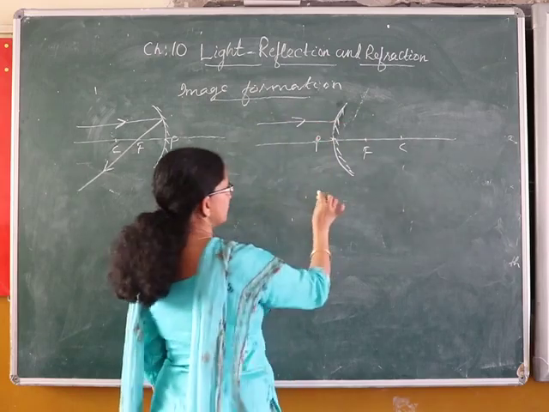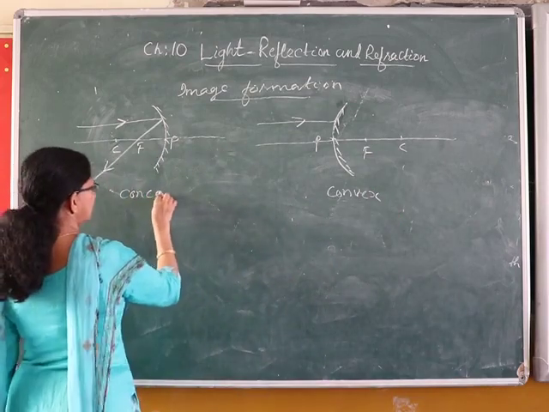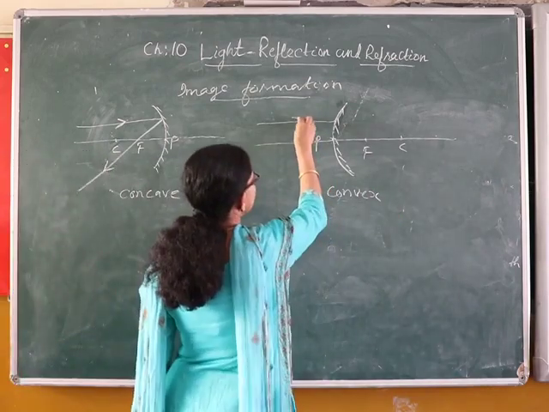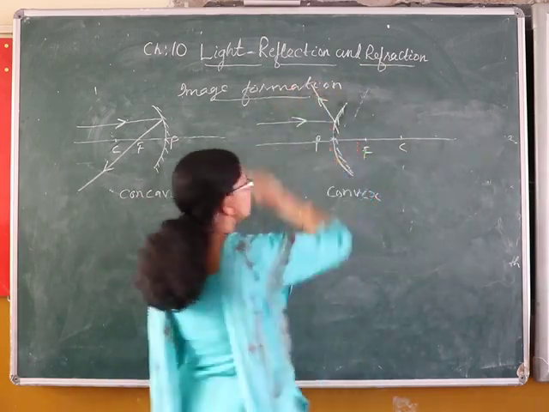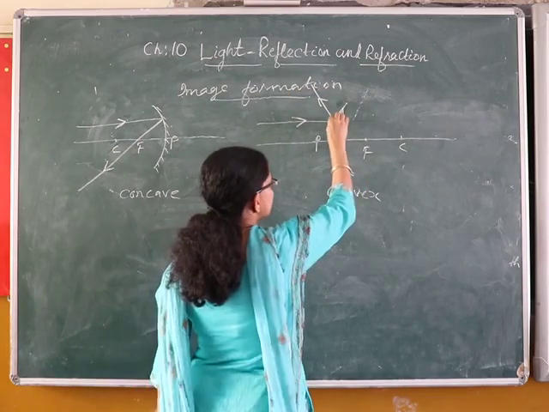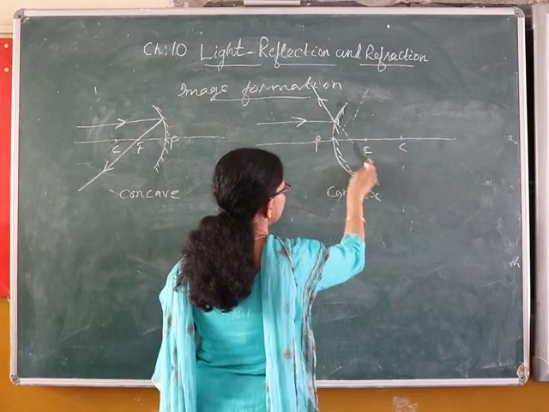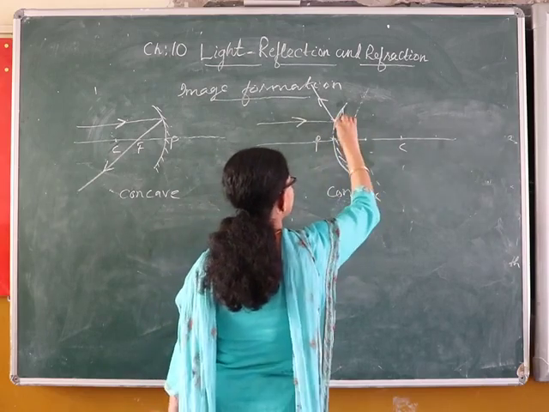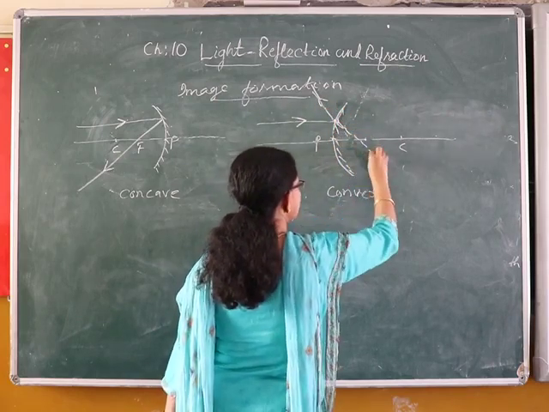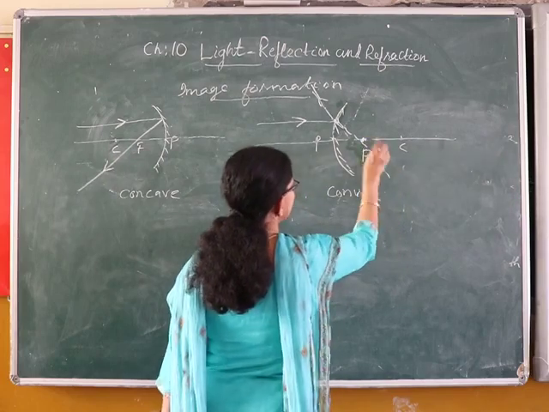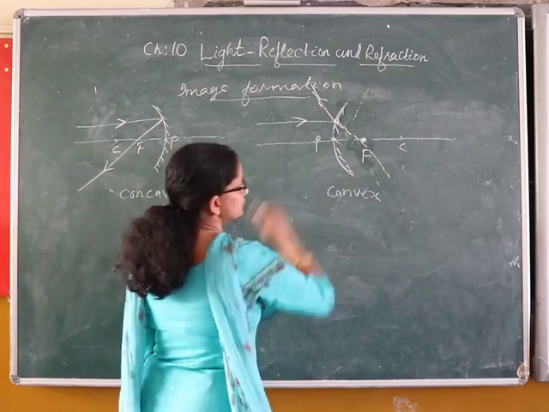And here again, if a ray that is coming parallel to the principal axis strikes a convex mirror, it moves away, it diverges. And if we extend this reflected ray back, we can find that this ray passes through the point that is the principal focus.